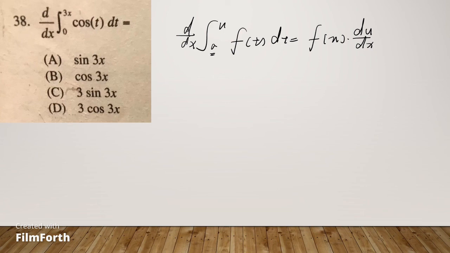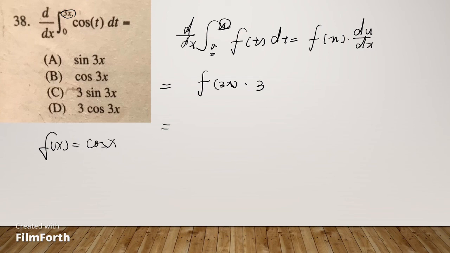Okay, in our case, it should be equal to f of u, which u means 3x, and times du over dx. So du over dx is equals 3. So f of 3x, in our case, f of x equals cosine x.